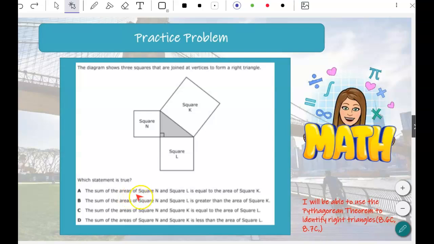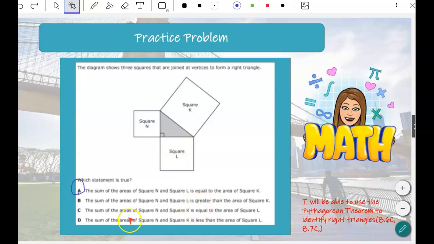A, the sum of the areas of square N and square L is equal to the area of square K. That's what we just talked about. Square N plus square L is equal to square K. So it is A. We look at the other answers. B says the sum of the areas of square N and square L is greater.